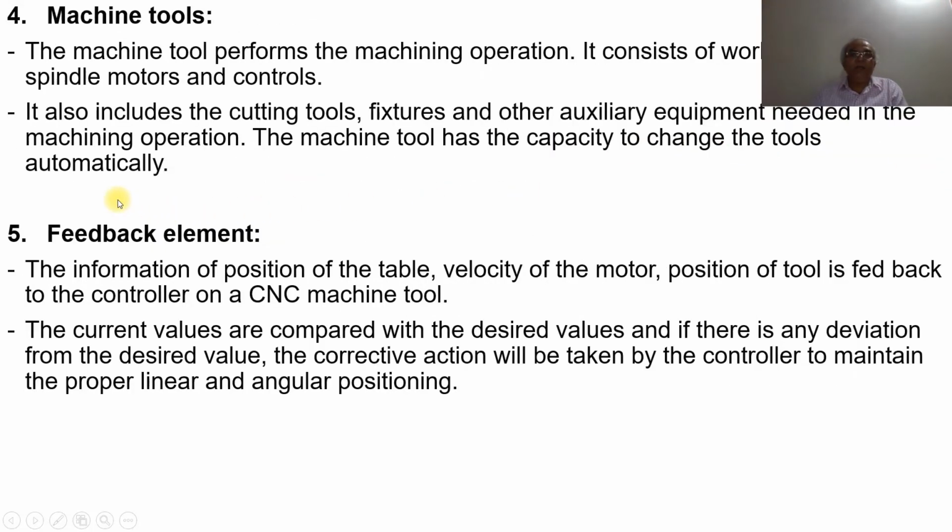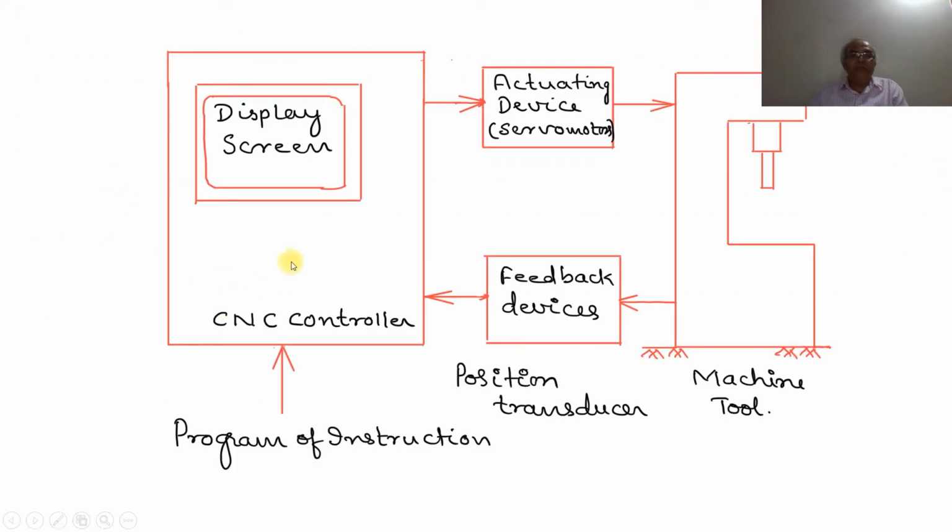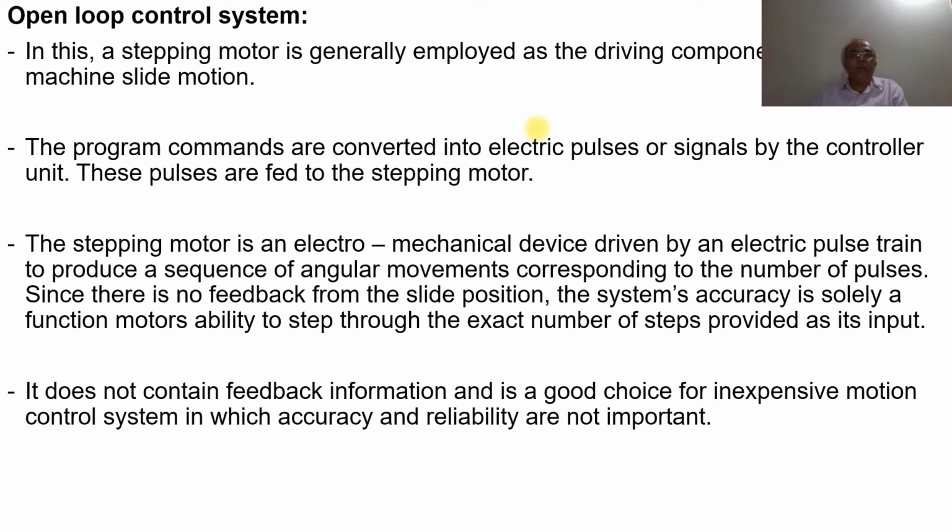So the program of instruction is converted in the controller, and then those electrical pulses are given to the actuating device, the motor. Once it receives them, the stepping motor, an electromechanical device driven by an electric pulse train, produces a sequence of angular movements corresponding to the number of pulses.